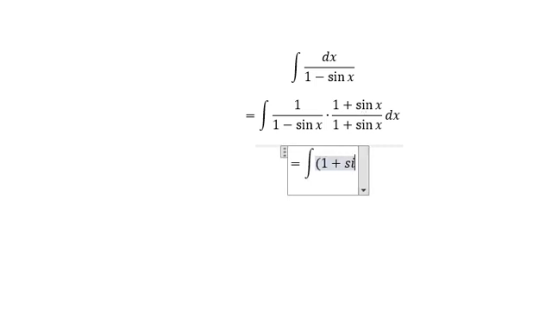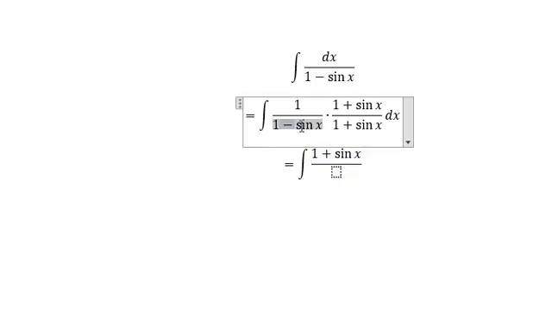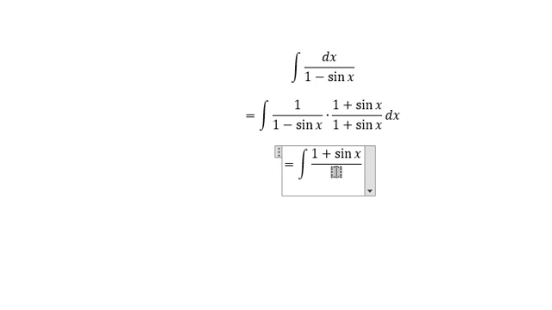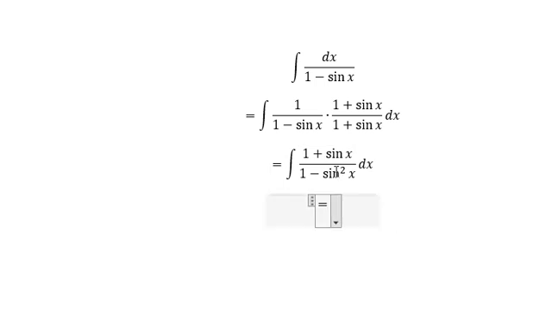What is now going to change is my denominator, because this denominator now resembles the difference of two squares. If you look at 1 minus sine x times 1 plus sine x, when you expand you're going to have 1 minus sine squared x, and I'm integrating with respect to x. From there you realize that 1 minus sine squared x is just cos squared x.